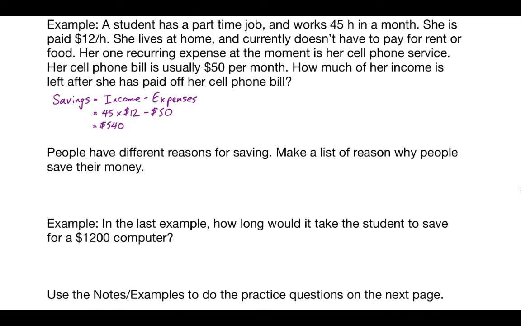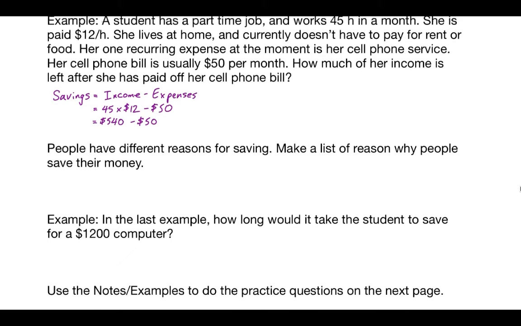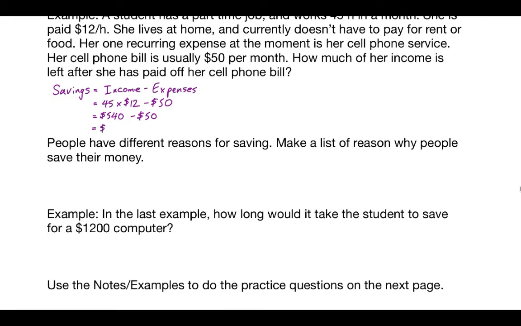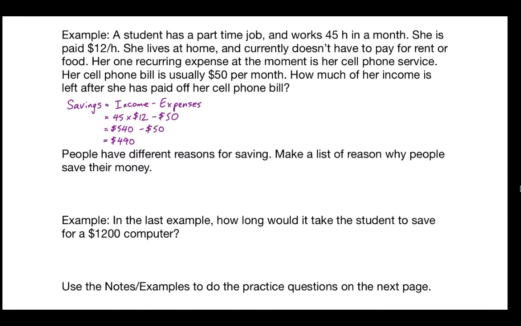Okay, that's not too bad. And now if we subtract the $50 of expenses, that means that every month she has $490. So that's her savings for the month. Maybe she should be paying rent.